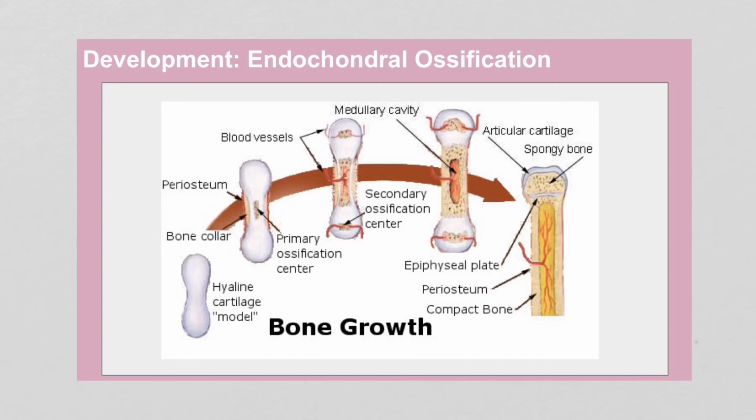Over time, the bone's going to lengthen and ultimately be converted into what we think of as mature bone. So this all starts during fetal development, but doesn't end until childhood or early adolescence. And we'll talk about the lengthening process in the next video.